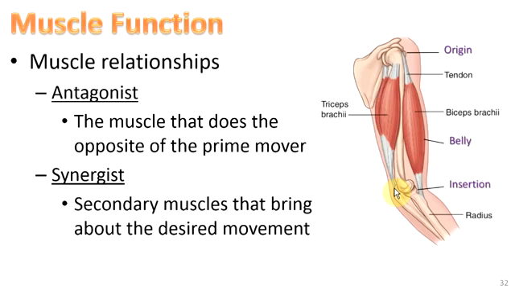If our desired movement is elbow flexion, our prime mover is the biceps brachii. But there are other muscles that help, like the brachialis and the brachioradialis, which we'll get to a little bit later. And those would be called synergists to the elbow flexion. And so they assist the prime mover.